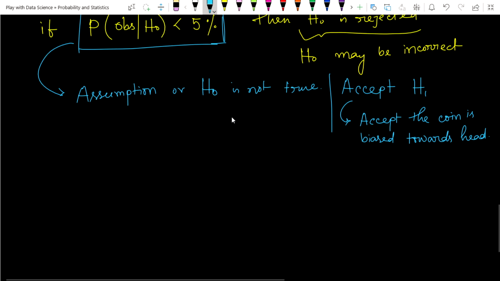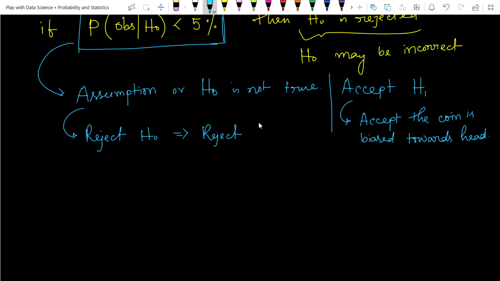So if the assumption is not true, we reject the null hypothesis, that is, we reject that the coin is not biased towards heads.